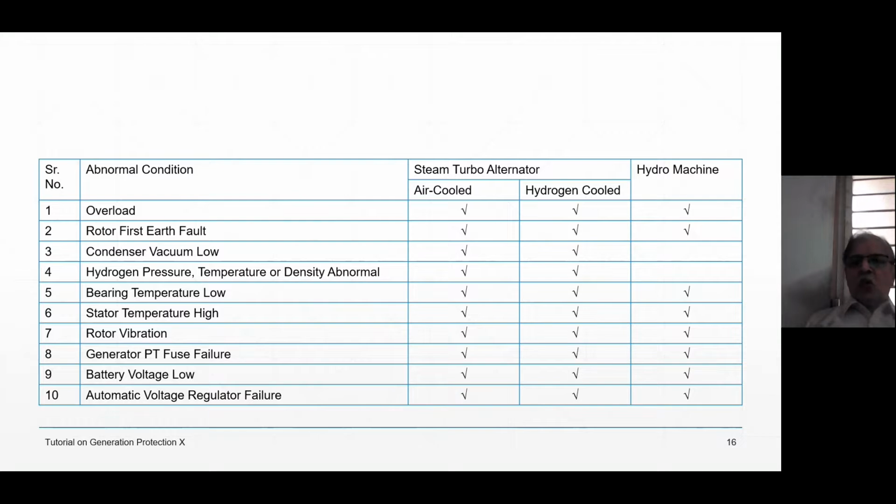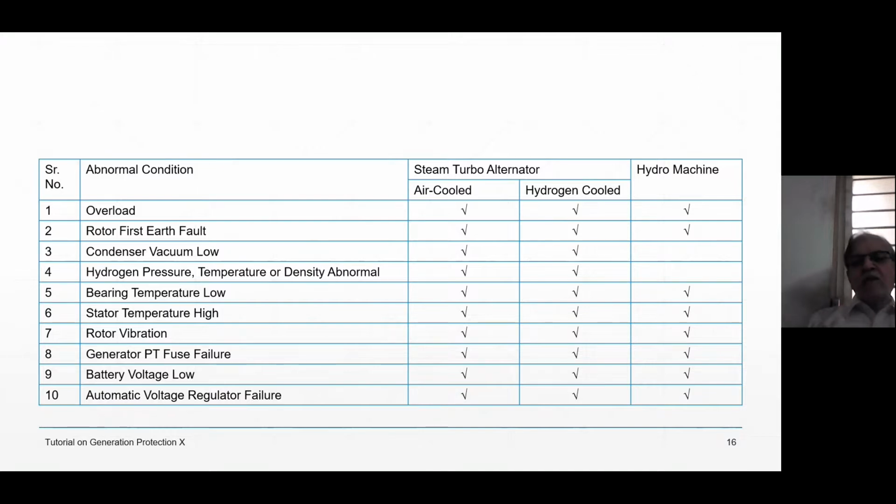Bearing temperature high. That is in all the three machines. Stator temperature high. That is in all the three machines. Rotor vibration. Rotor vibration will occur in case of rotor earth fault, or maybe the rotor is not properly balanced. That is, dynamic balancing is not properly done, then vibration will occur.